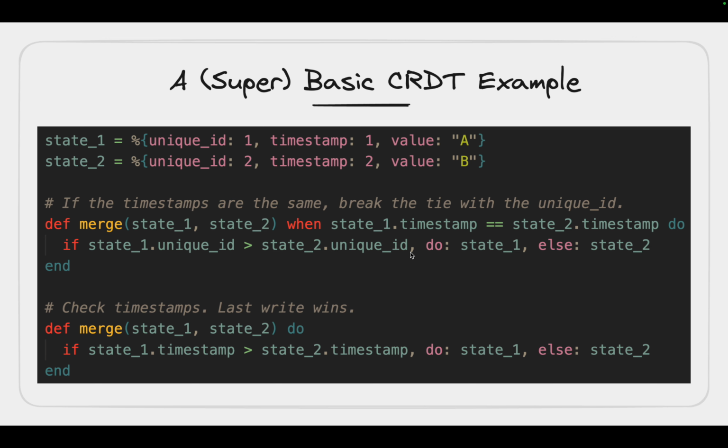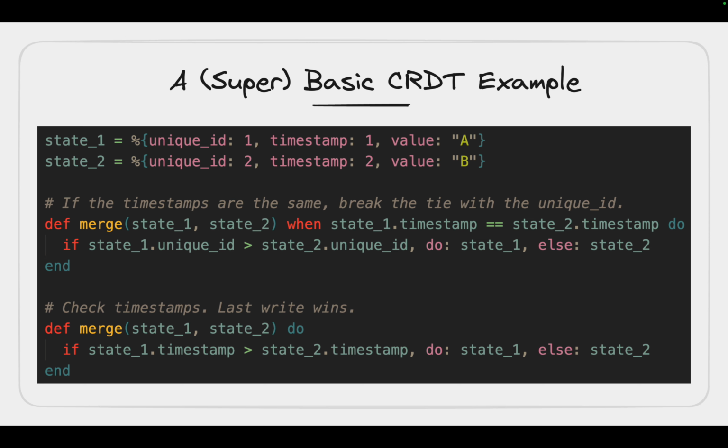But in our case, the timestamps are not the same, so we can go to our second function clause down here. In this merge function, we are simply comparing the timestamps and returning the state with the higher timestamp. In our example, this means state 2 will win because it has a timestamp of 2, whereas state 1 has a timestamp of 1.